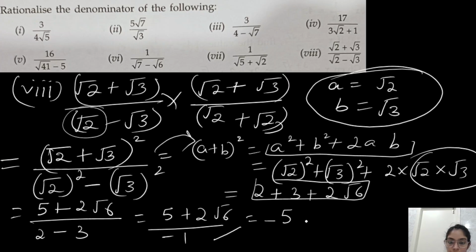It will become minus 5 and minus 2 root 6, because ultimately this becomes 5 by minus 1 plus 2 root 6 by minus 1 when we write separately. So its final answer will be minus 5 minus 2 root 6.